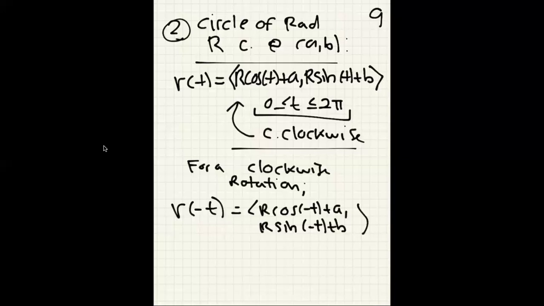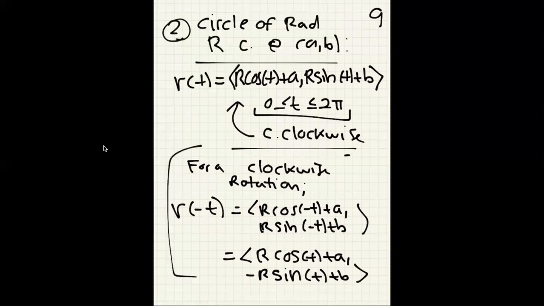Well, cosine of negative stuff, you can just ignore it. And for sine, the negatives pull right on out because sine's an odd function. So I just wanted to spend the time to remind you how to do some of these more basic parameterizations. These are two good ones to know.